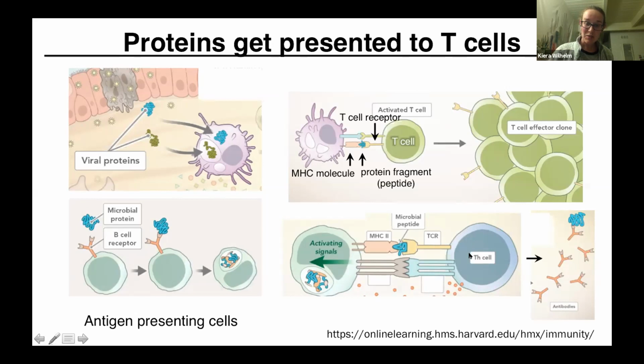This interaction can signal back to the B cell and say, oh my goodness, you found something bad. Whatever antibody, whatever receptor you used, make more of that. And so then this B cell transforms and starts cranking out lots and lots of antibodies that are able to recognize the protein.